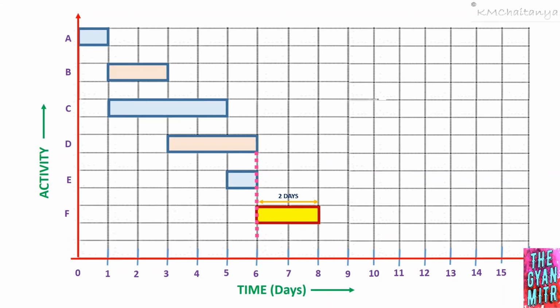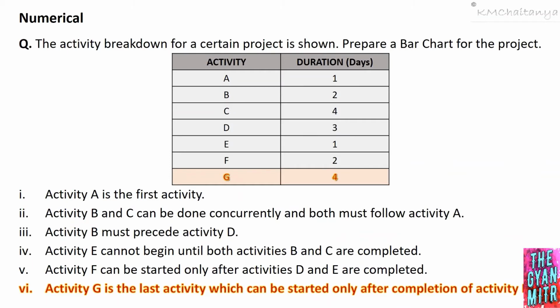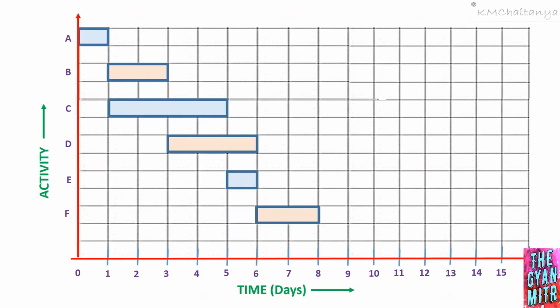Now we'll see the last relation, that is activity G, the last activity, which can be started only after completion of activity E, and the duration of activity G from the table is 4 days. Now we'll go back to the Gantt chart.